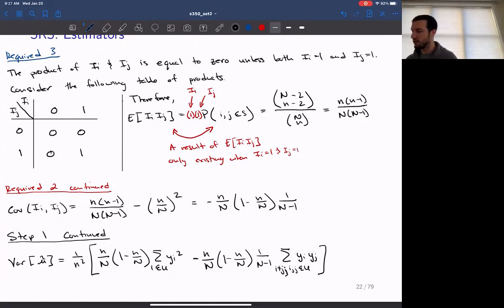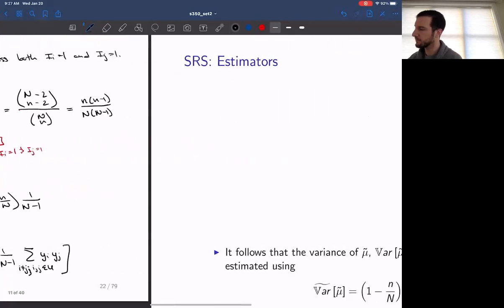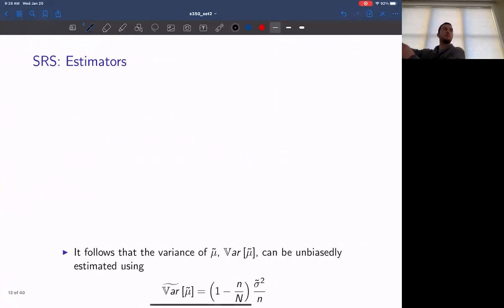All right. Okay, so I'm going to flip to a new slide here. We can simplify this a little bit.